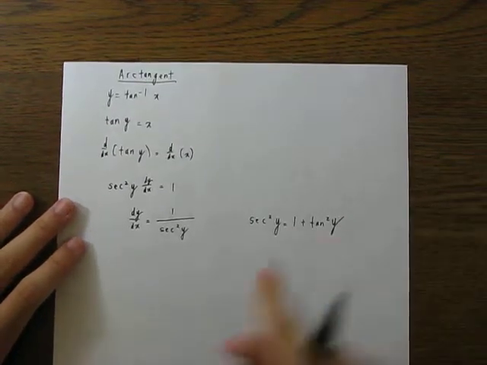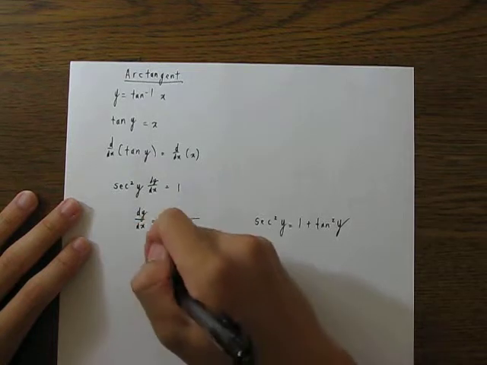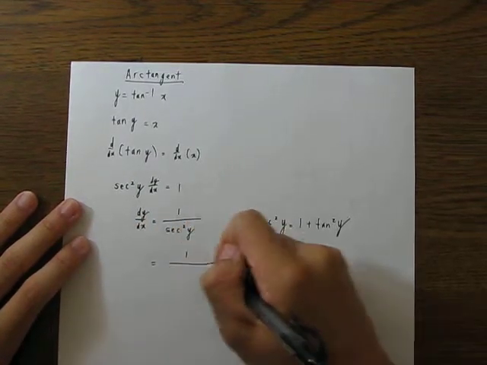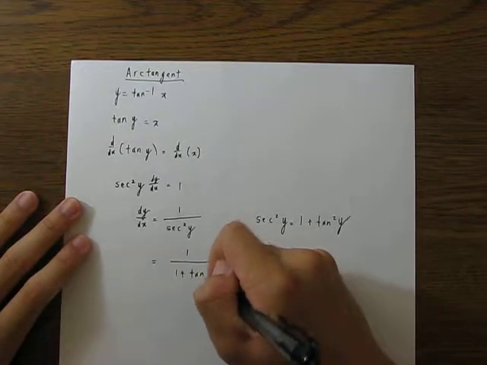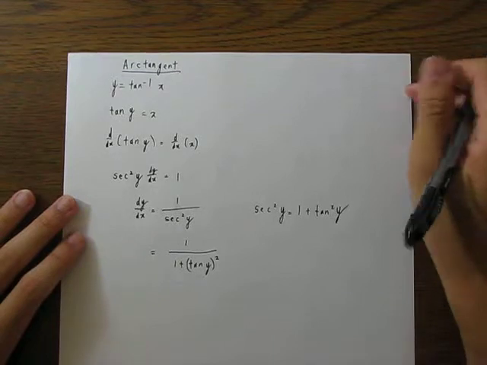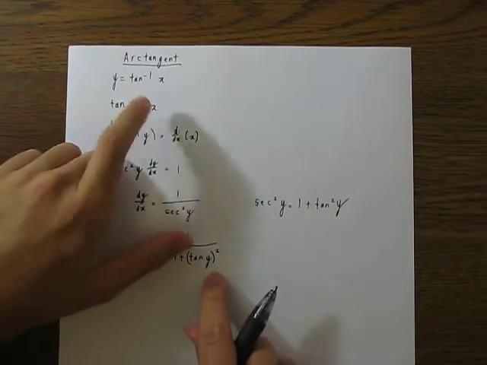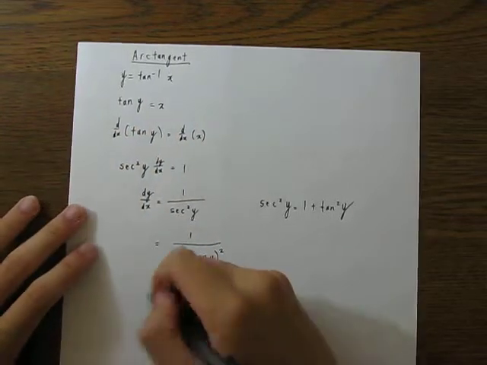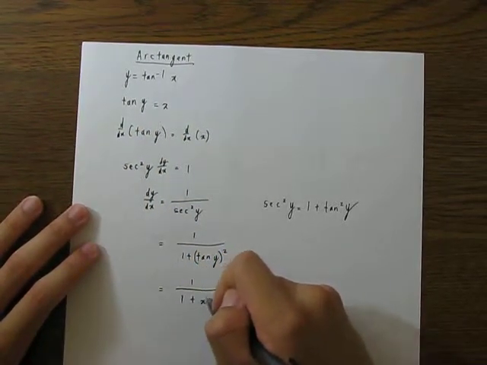Now, your trig identity says that secant squared of y is equal to 1 plus tangent squared of y. So you're going to plug this in here, and now your derivative is equal to 1 over 1 plus tangent squared of y. Since tangent of y is equal to x up here, you set this equal to 1 plus x squared.